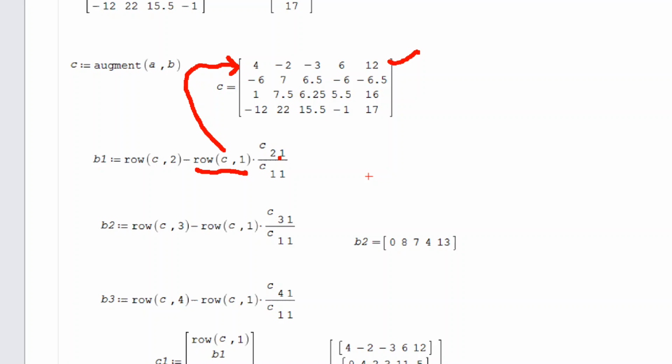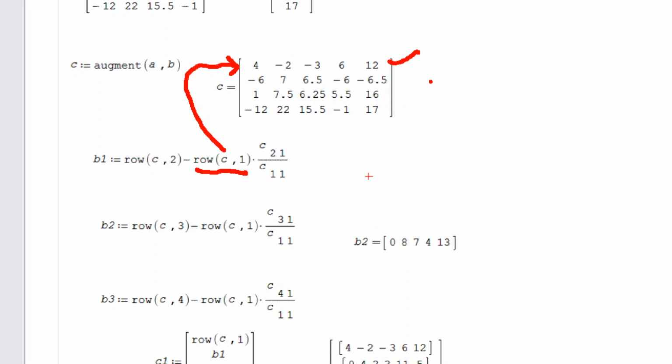Now you notice that the number I multiplied the first row by is actually the coefficient of the pivot equation, and the constant coefficient of the other equation.